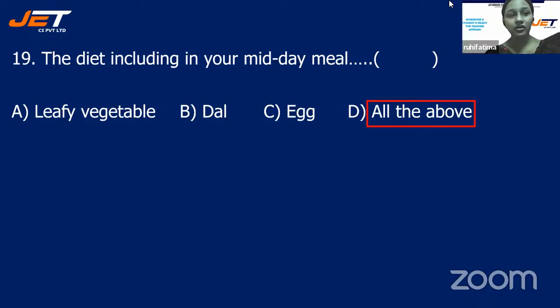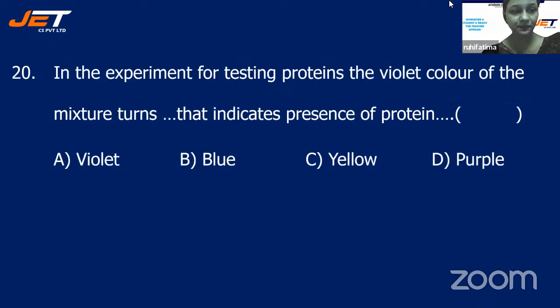So all of the above. In the experiment for testing proteins, the violet color of the mixture turns dash, which indicates the presence of protein. So here we have a protein test, right?